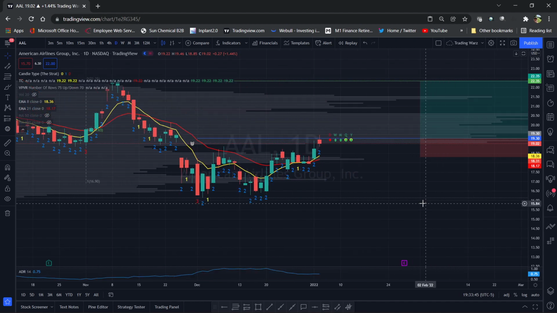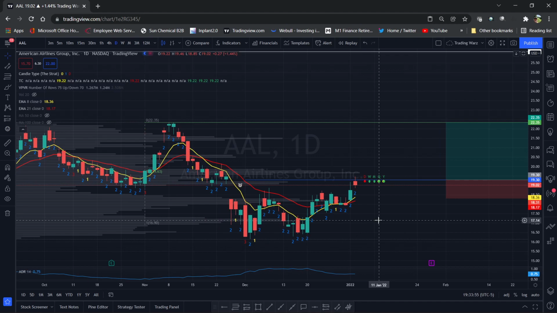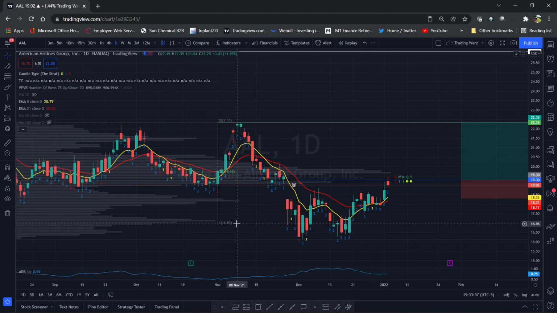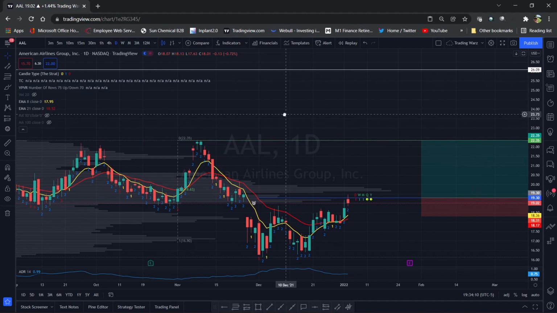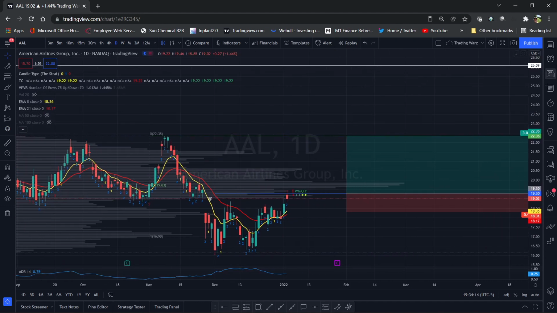Pull this up, you guys. How it closed, yeah, just below my entry. So I'll reset that alert to see if it can become actionable this week. All right, there's another American Airlines.